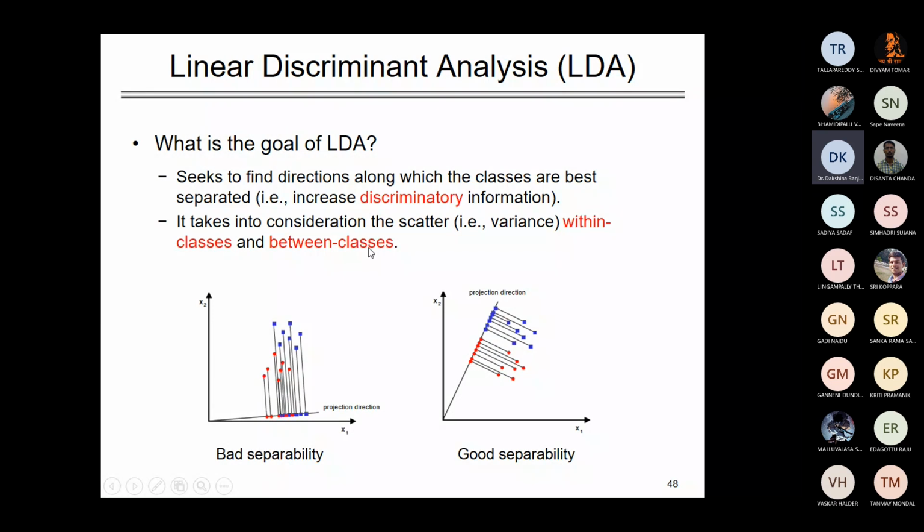That means the variance within class and between class is not considered in the first case. But for good separability, we have to consider these two aspects, the within class scatter matrix and the between class scatter matrix, at the same time.